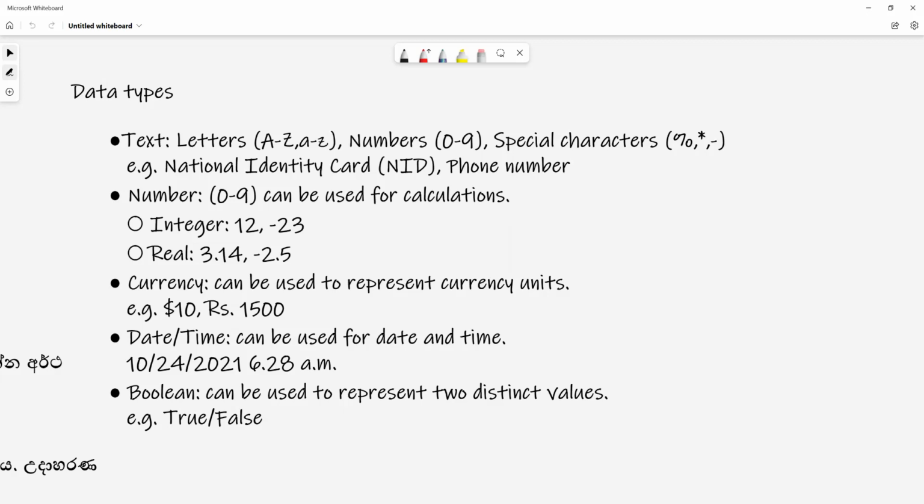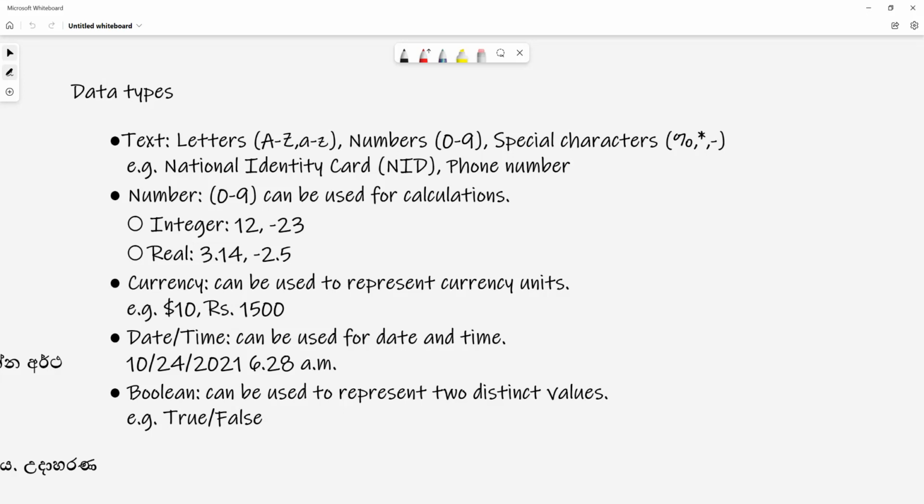For example, let's say you want to store your name. With that one, you need to define what a data type is. So the common ones we discussed, there are 5. The text: in a text data type, you can use letters, numbers, and any other special characters.